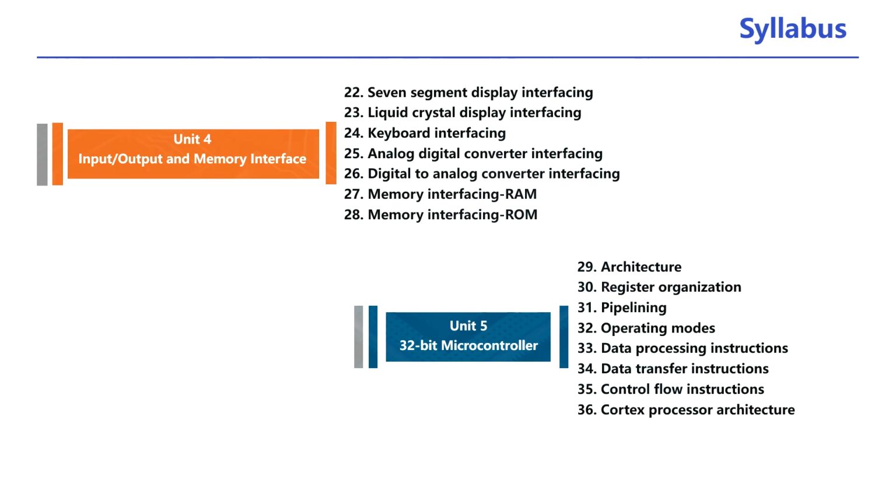In unit number 5, 32-bit microcontroller. This is the advanced microcontroller. Advanced concepts in this architecture: register organization, pipelining, operating modes, data processing instructions, data transfer instructions, control flow instructions, Cortex processor architecture.